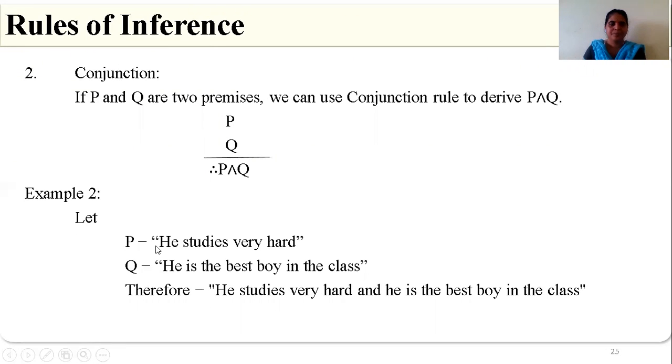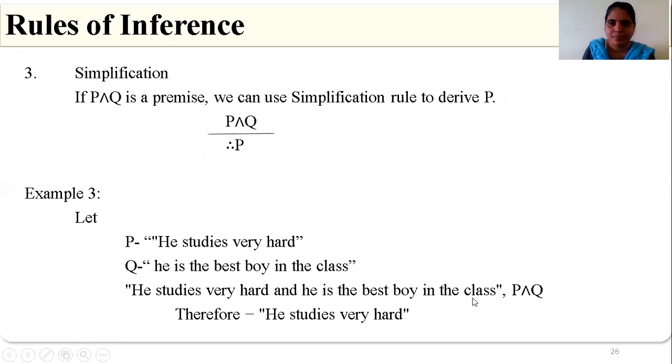Here, P is he studies very hard. Q is he is the best boy in the class. What is the conclusion here? He studies very hard and he is the best boy in the class. The third rule is the simplification rule.